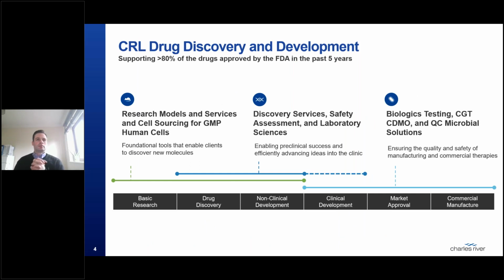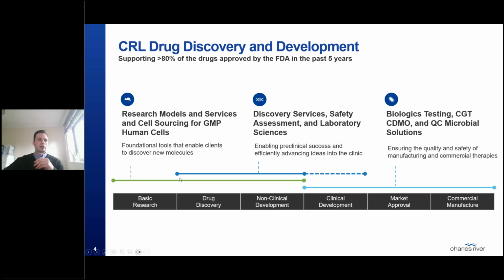And then briefly describing what Charles River is, what kind of company. So it's a contract research organization. It is a global CRO, and in the last 5 years has supported more than 80% of the FDA-approved drugs.